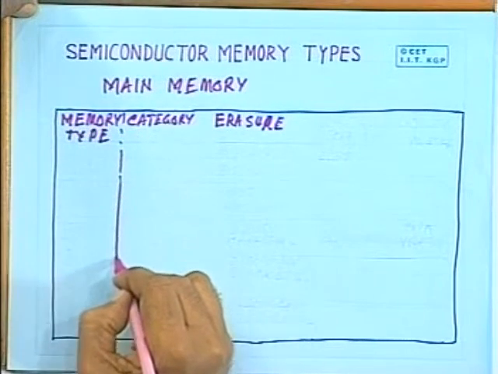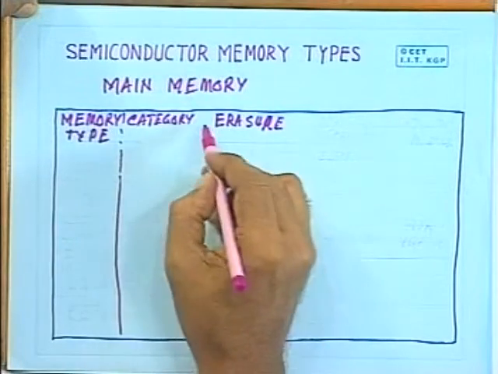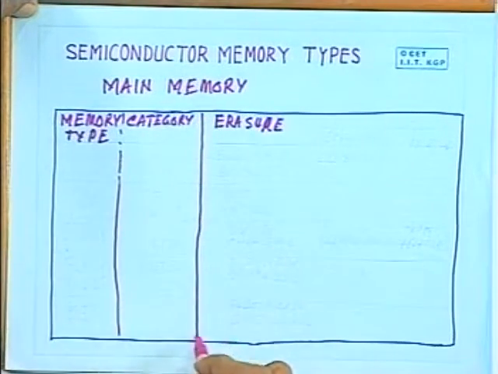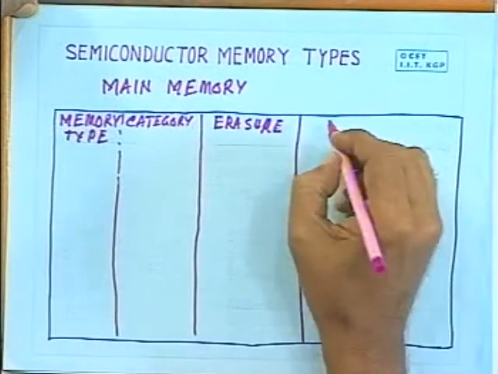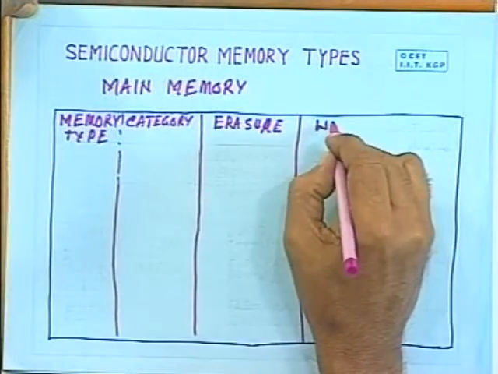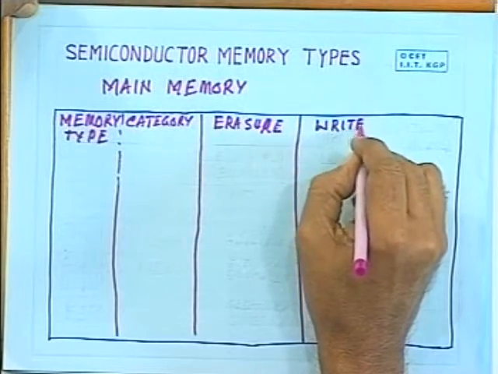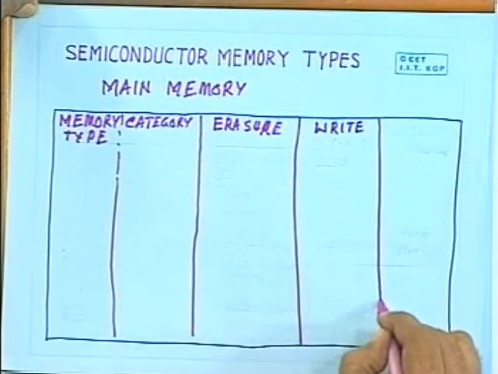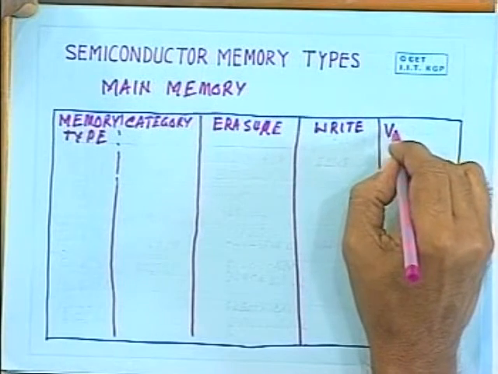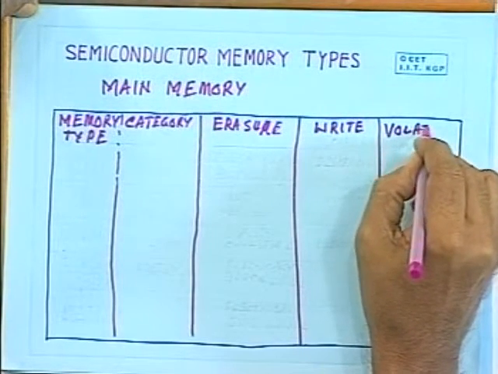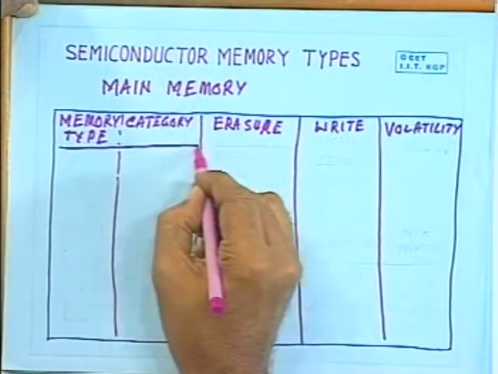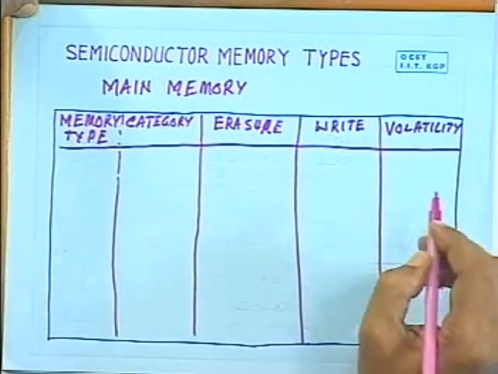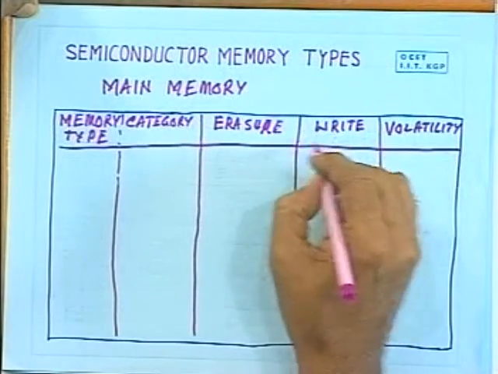These are the different types of memories. Then the category in which we group them, then the erasure facility, erasing facility, write mechanism, and volatility. So these are the parameters by which you can categorize the different memory devices.